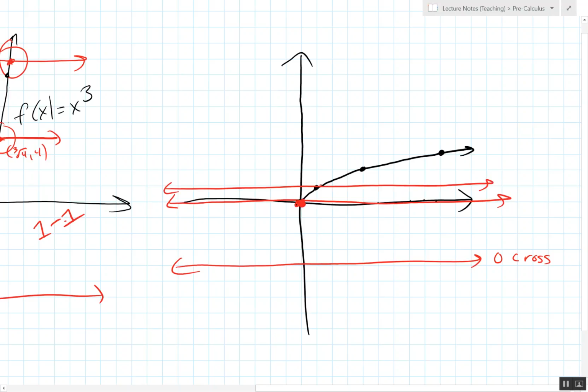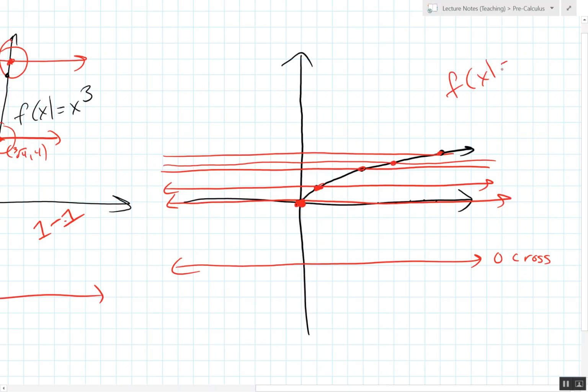On the line y equals 1 we'll get this point. On the line y equals 2 we'll get this point. Y equals 3 we'll get this point. They don't have to be integer values. You can pick one that's not an integer, and it hits exactly 1 point. So this function, f of x equals the square root of x, is one-to-one as well. So 0 crossings is allowed.